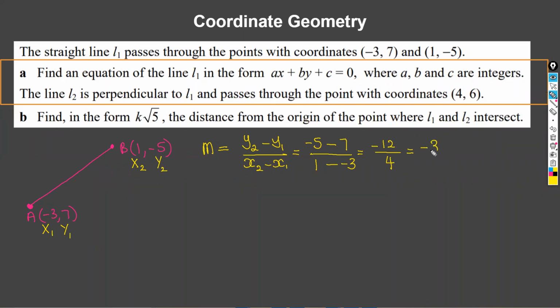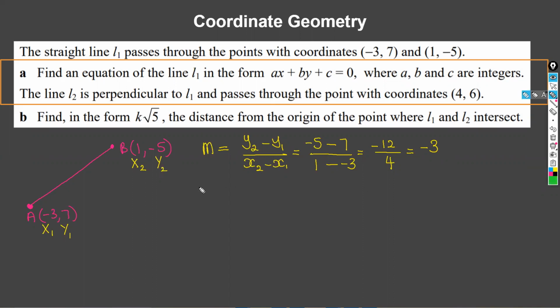A lot of people got the gradient to be -3. So if you got the gradient to be -3, then you are on the right track. For those who did not have -3, at least see where you could have gone wrong so far. For that straight line, this is what we know so far.